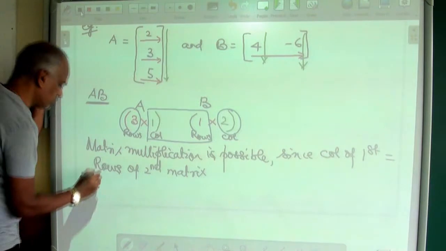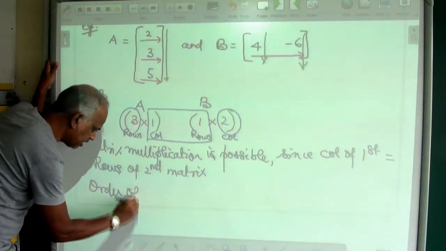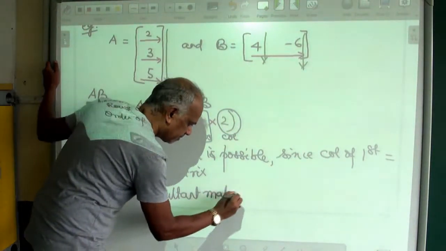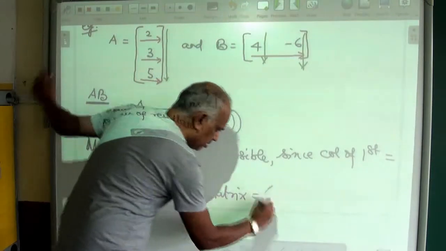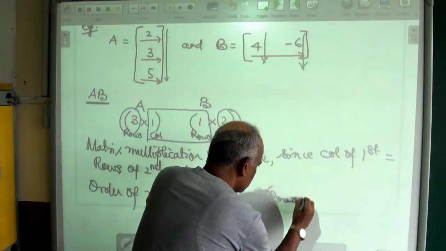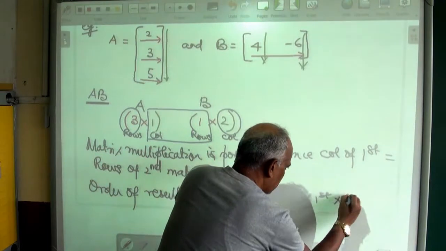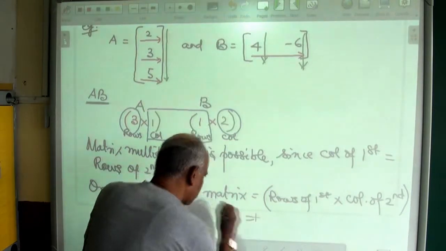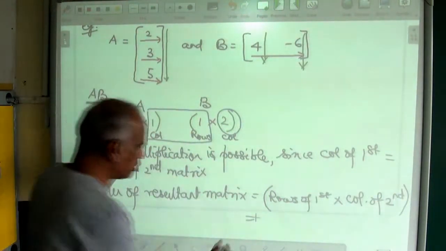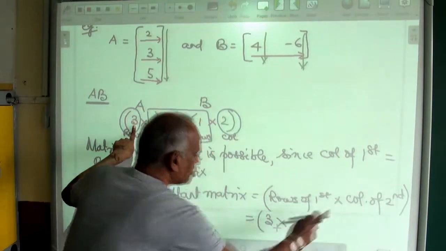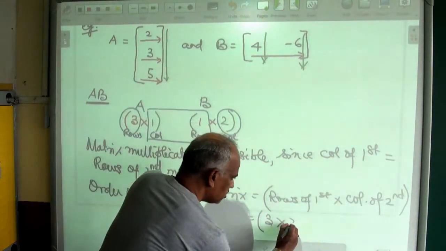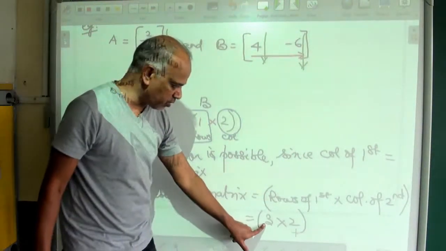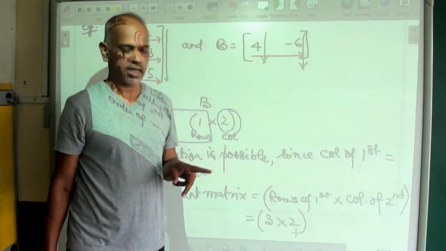So the order of the resultant matrix in our case will be rows of the first one, which is 3, by columns of the second one, which is 2. So the answer that you will get will be a 3 by 2 matrix, which means it will have 3 rows and 2 columns.